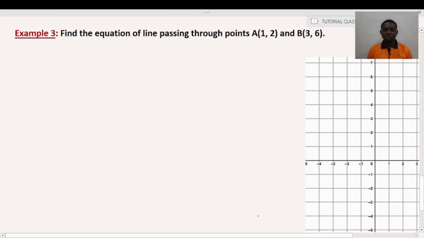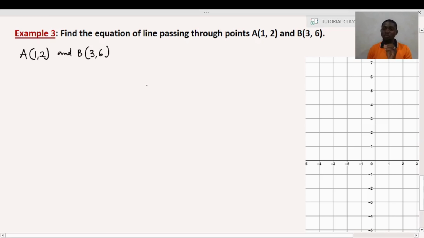Here we are given 2 points. So we have point A that has coordinates (1, 2), and we have point B that has coordinates (3, 6).